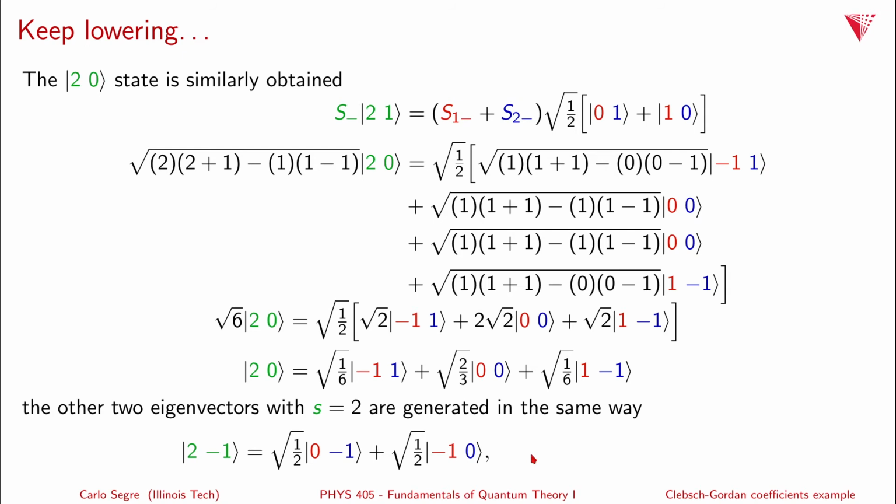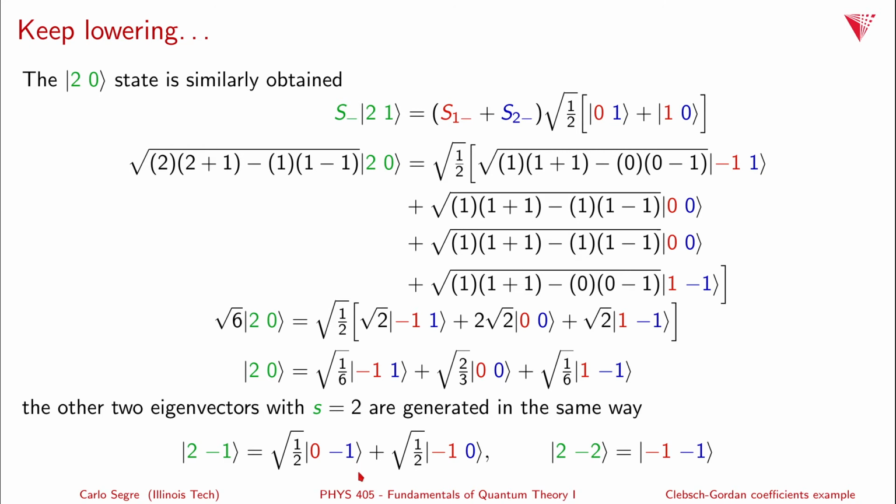And then the final state where you have s equals 2 and m equals minus 2 is the state where both m1 and m2 are minus 1. It's a product state, and the Clebsch-Gordan coefficient is just 1 here. And here it's 1 over the square root of 2 in both cases.